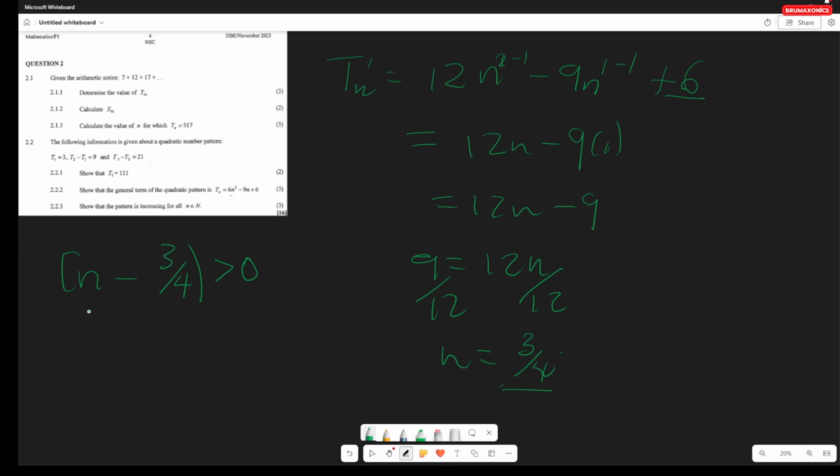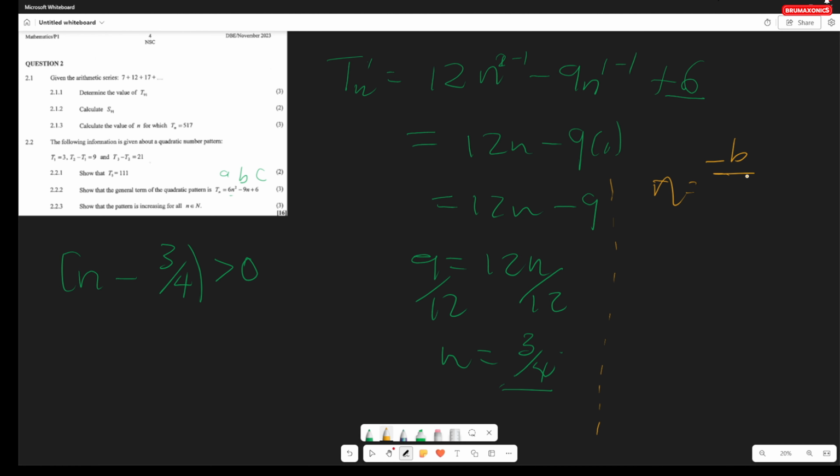And now by finding this turning point, we also know that if n is equal to 3 all over 4 as a positive number, this is our A, this is our B, this is our C. So you can also use the equation that you usually utilize when you are getting your turning point. So that will be something like n, which is equal to what?